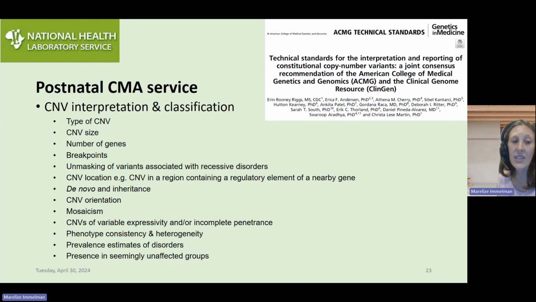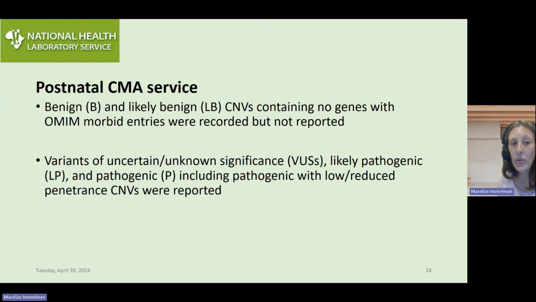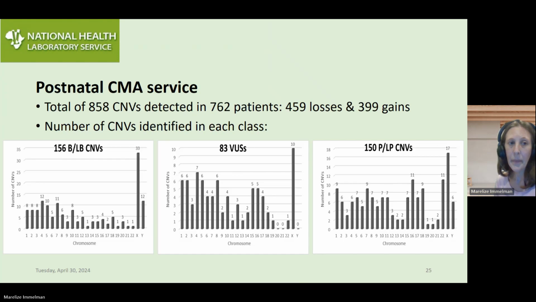Mosaicism is an important consideration, and also copy number variants that are associated with variable expressivity and incomplete penetrance. We don't report benign and likely benign copy number variants, but we do record them for further analysis. We do report variants of unknown or uncertain significance, likely pathogenic variants, including those with low or reduced penetrance.